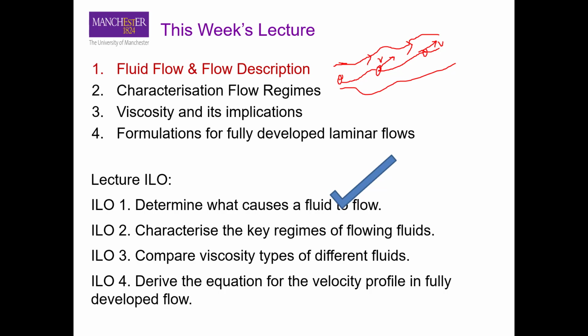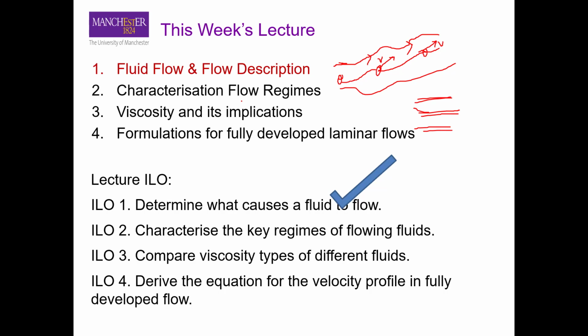This streamline, in its simplicity, is a visualization of how different layers of a fluid flow over a length scale. Okay, and we are going to use this concept in this part 2, where we are going to look at different flow regimes and how we can actually characterize these flow regimes.